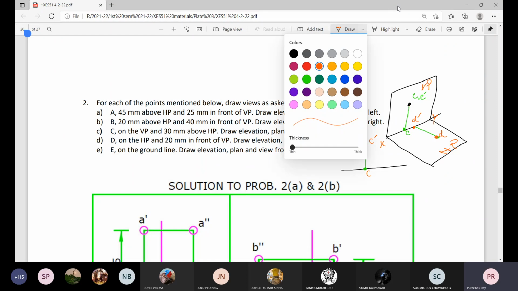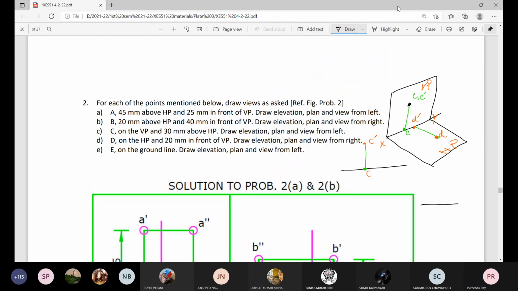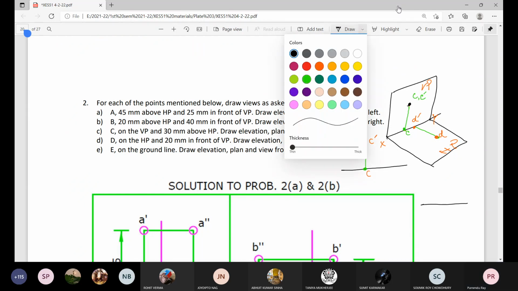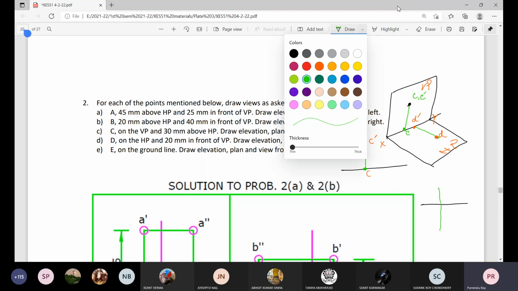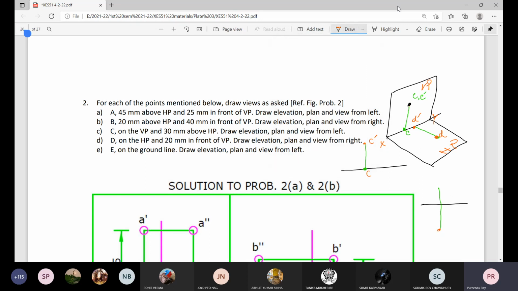So when you draw that ground line, then draw the projection line below the ground line. There will be the plan at the distance specified, and on the ground line itself the elevation will be there because the point is on the horizontal plane.